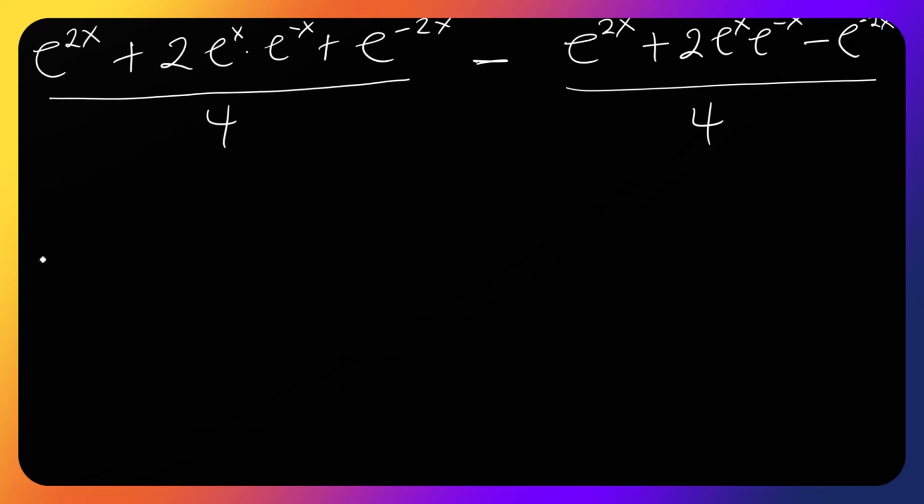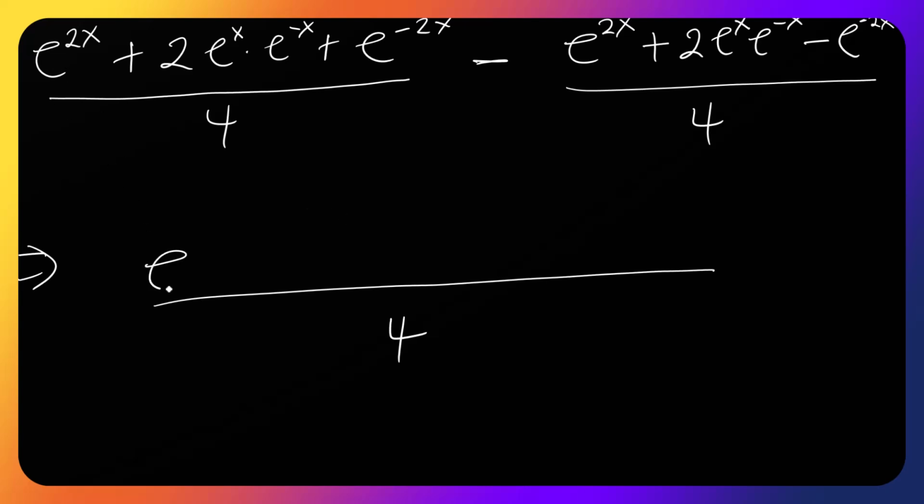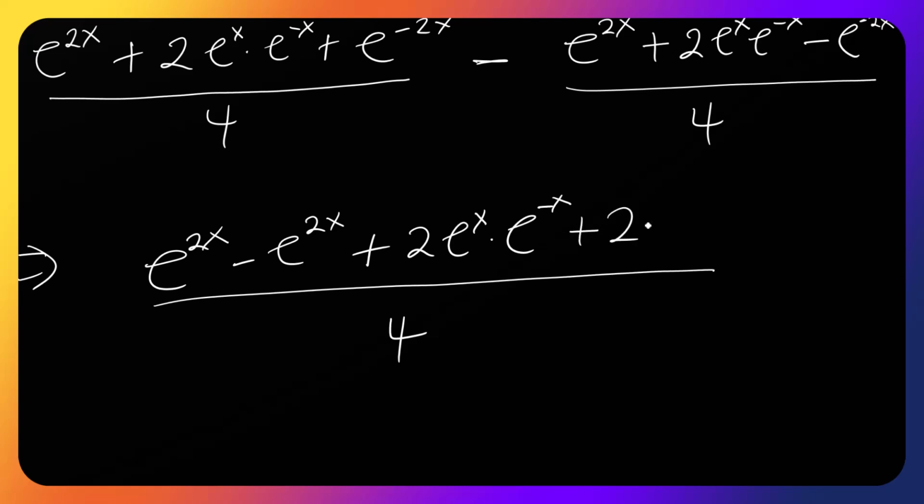Okay, so let's go again. Now we have a common denominator, so everything is over 4, and we can assemble this. So we have e raised to 2x minus e raised to 2x, then plus 2 e raised to x times e raised to minus x, plus 2 e raised to x times e raised to minus x.